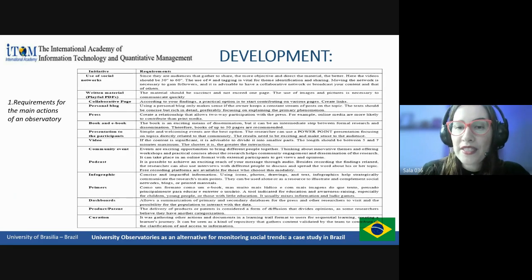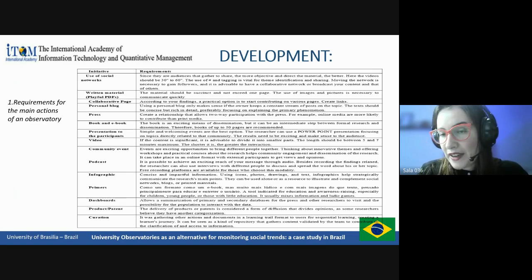By reviewing the literature and through the experience of the labs creating the Data Lab, a series of requirements and initiatives have been compiled, like the use of social networks, writing materials like playful PDFs, collaborative pages, press, infographics, dashboards, podcasts, among other options available to societies.